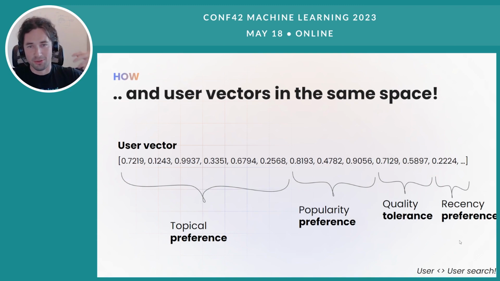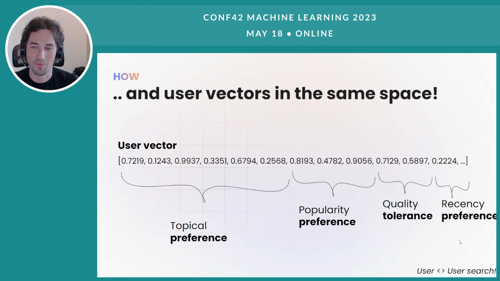So basically, you can again represent all these different preferences of the user in one vector that also has those parts like we did for the content. And that means that they are aligned, and now you can just take the user vector and search with it into the content space. And that's your retrieval.